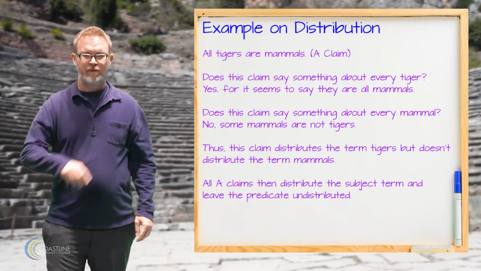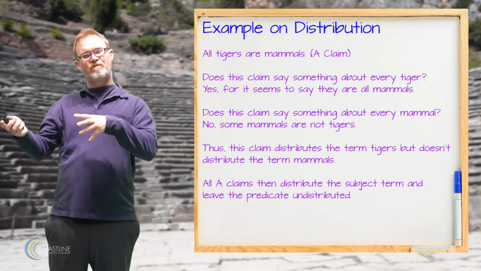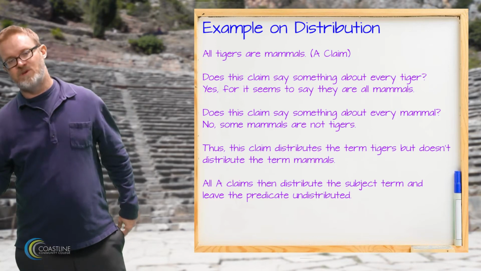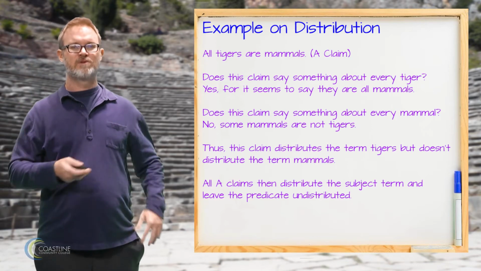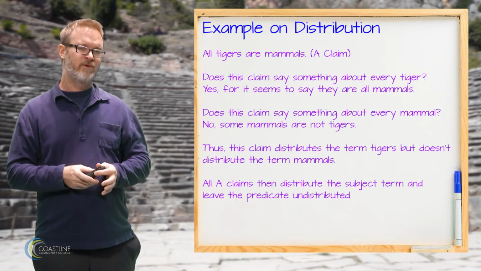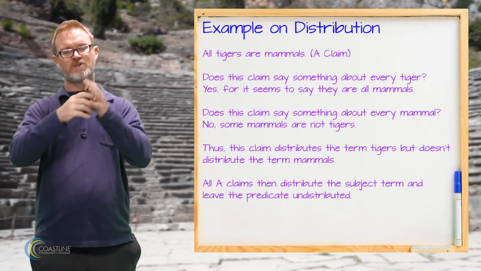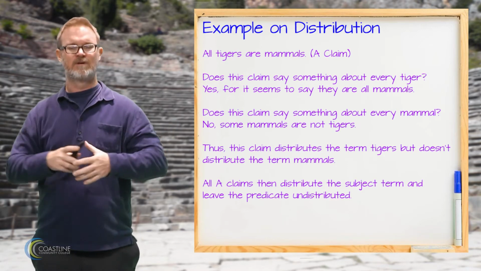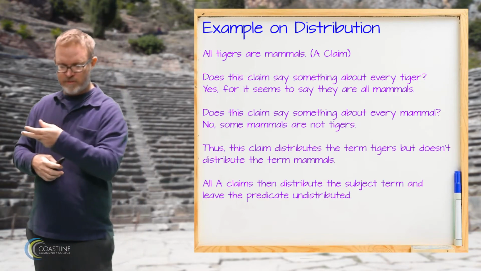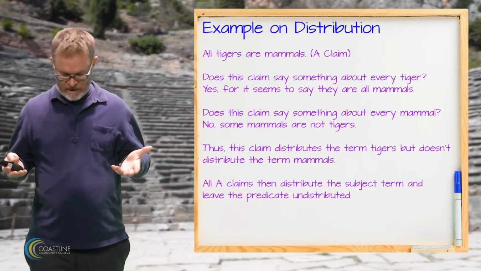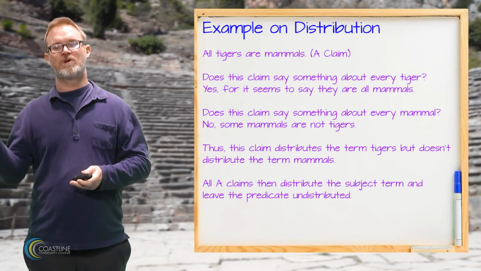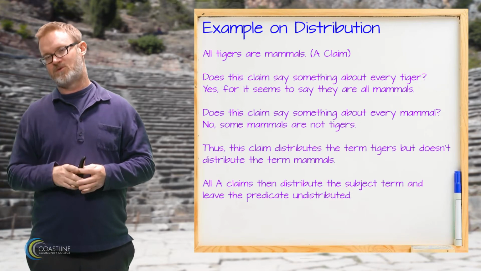Okay. Now, to see the point even further, let's look at the term mammals in that claim. All tigers are mammals. The predicate term there is mammals. Does that claim say something about every mammal? Does it distribute over that entire class? If you think about it, it doesn't, right? It says something about every tiger, but of course there are all sorts of mammals that aren't tigers.